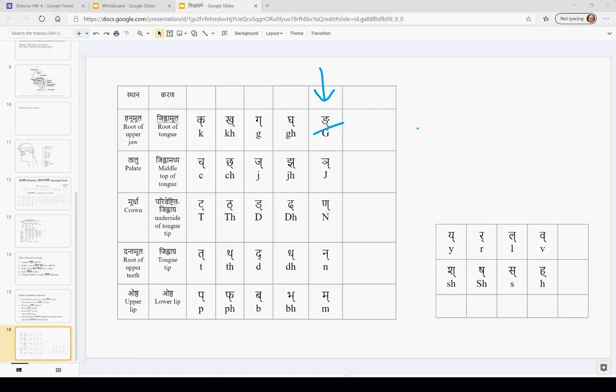So this ng can be followed by any vowel. If it is followed by just a, it is written like this and pronounced like ng. The position remains like ka, but the sound also becomes nasal, with the sound coming to the nose and the tongue touching at this position.